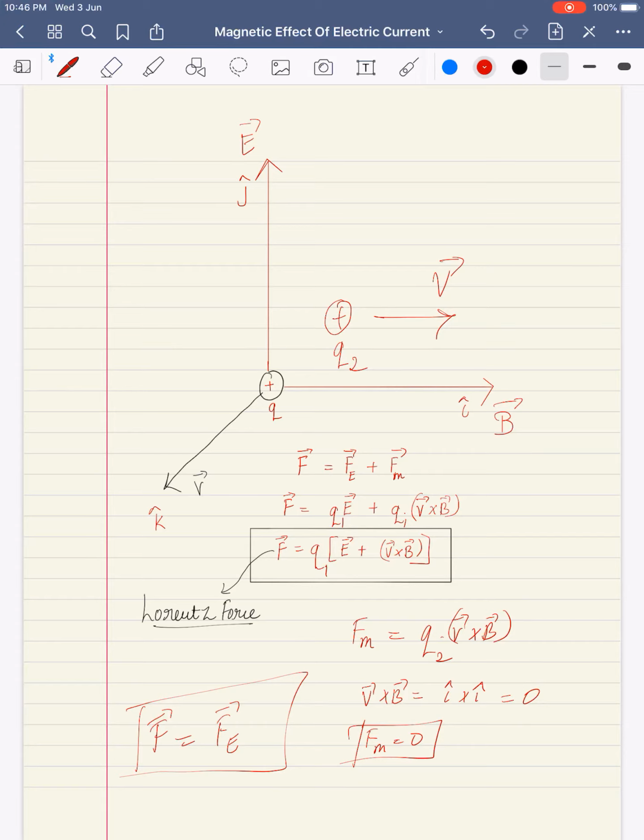So in order to accelerate a positively charged particle, we keep it simultaneously in the electric field as well as the magnetic field in such a way that the electric field and magnetic field vectors are perpendicular to each other, as here, electric field on one axis and magnetic field on another axis. That machine we call a cyclotron accelerator. That cyclotron accelerator you will be learning in the next class. Okay.